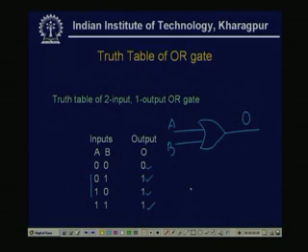Now, so far we have 3 basic gates: NOT gate, then AND gate, and then OR gate.